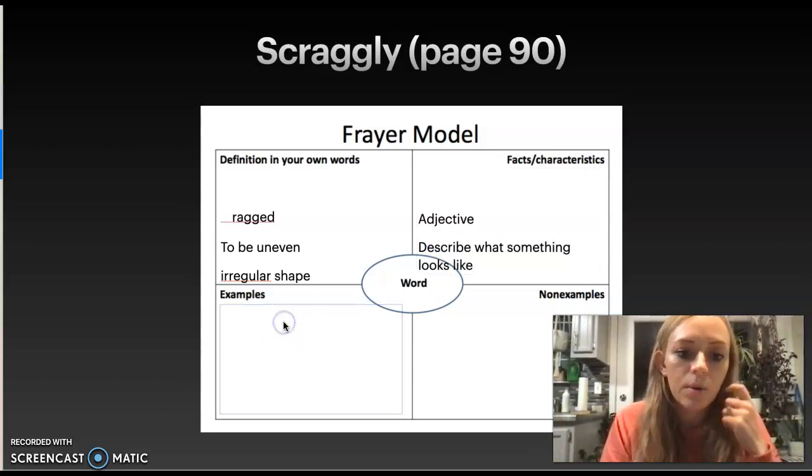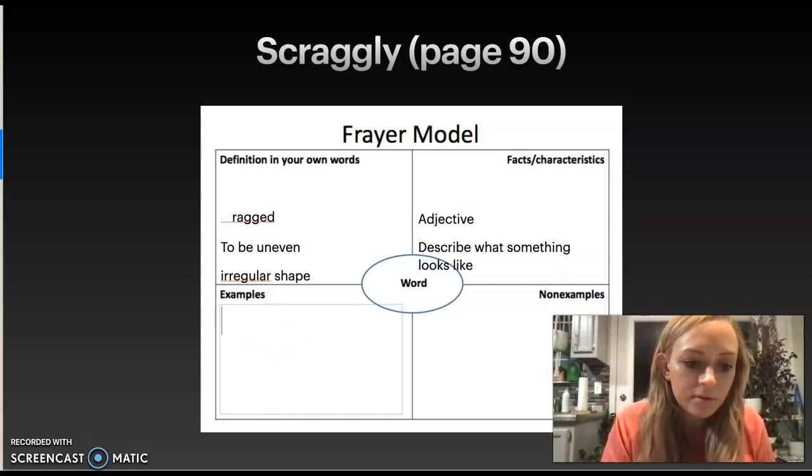Okay, so an example of scraggly. Let's look at that.